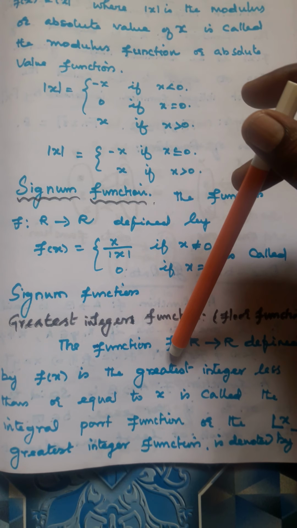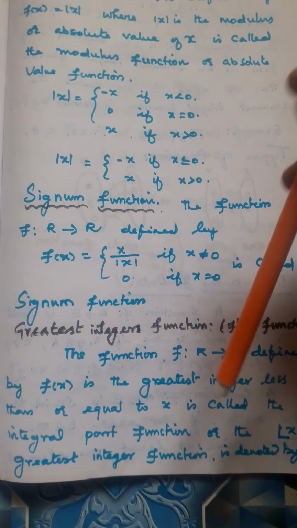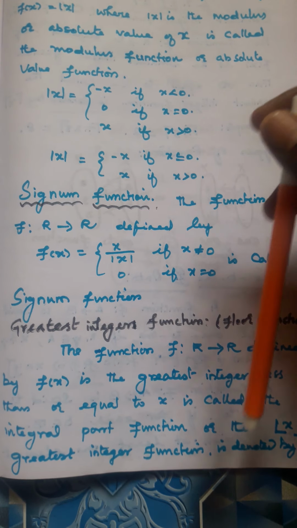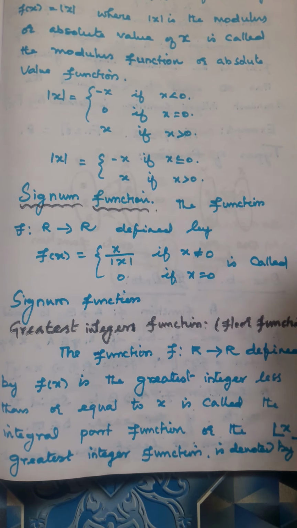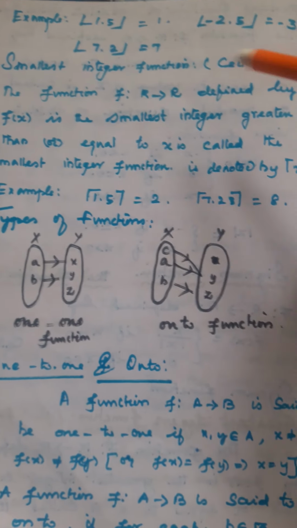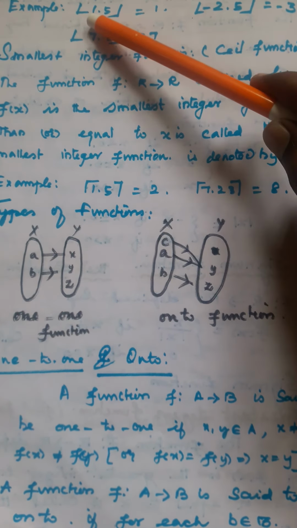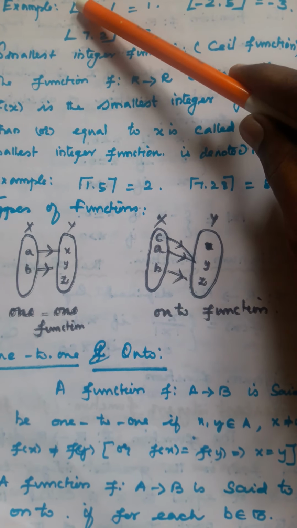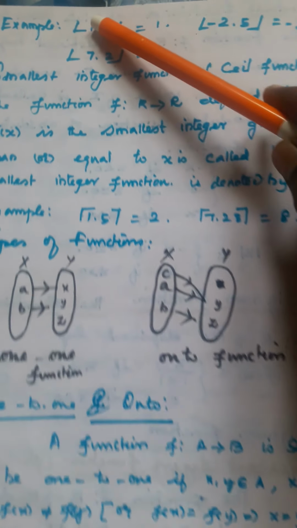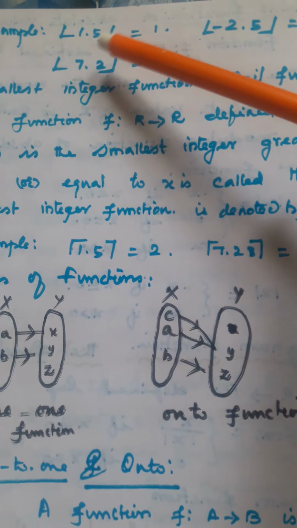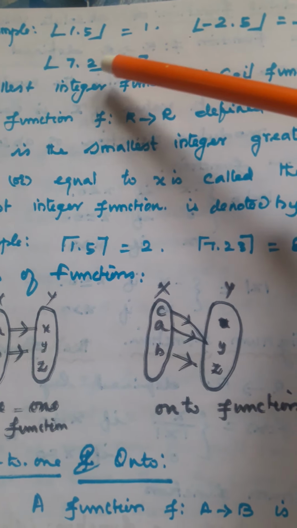Greatest integer means you have to take less than. Next, for smallest, in that place you have to take the largest number. For example, the greatest integer of 1.5 is 1. This is called the integral part. So the number 1 is the integral part of the function. Like that, 7 is the integral part of the function.